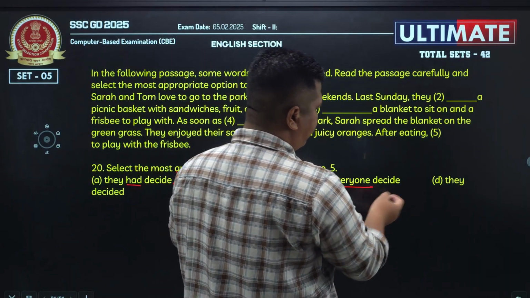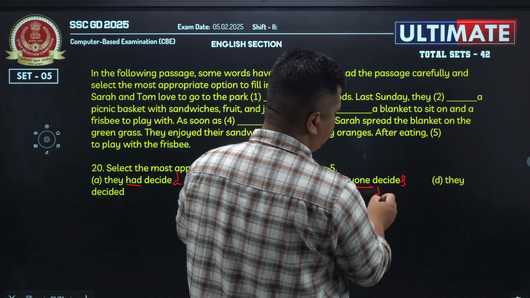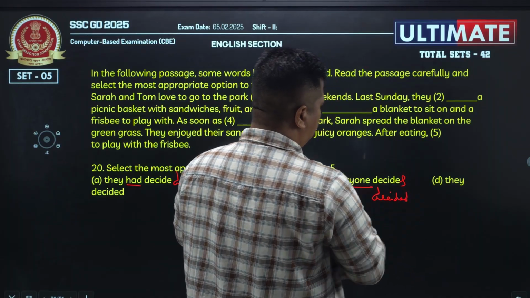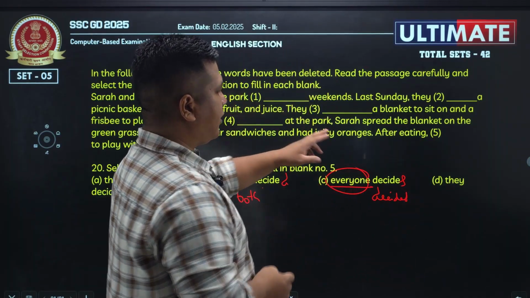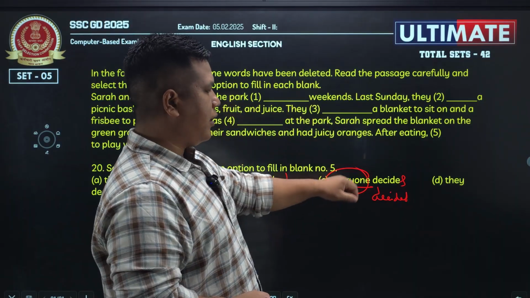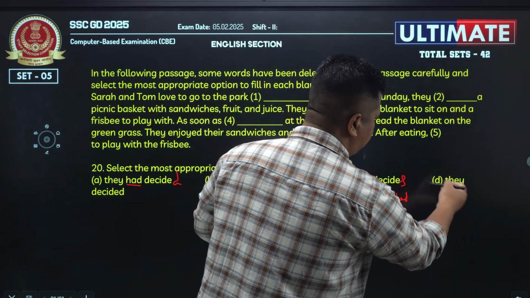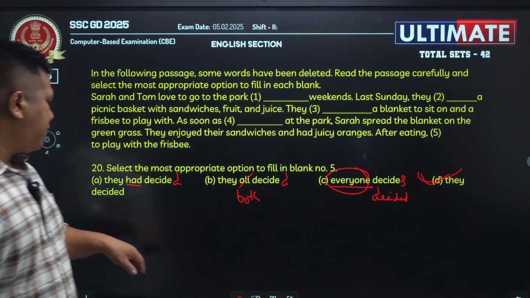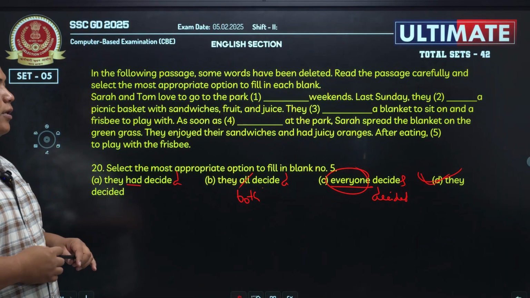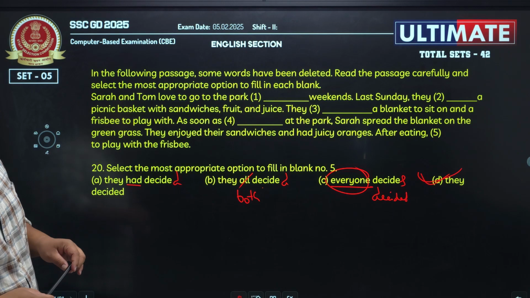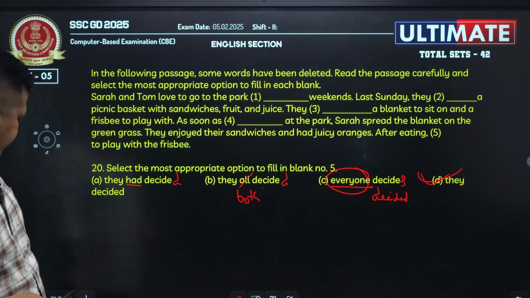Everyone is singular, everyone decided. Either everyone decides or everyone decided. Sarah and Tom, everyone, so past tense will be they decided. What did they do? They decided to play with the frisbee.